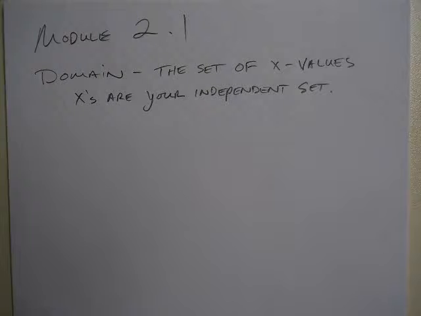Correct. Gas comes from the crude oil. So if I was looking at prices of crude oil versus prices of gasoline, which one would be the independent variable, which one leads the other, I guess is another way of saying it? The crude oil, right, exactly. In that case, crude oil would be your independent set or your independent variable.